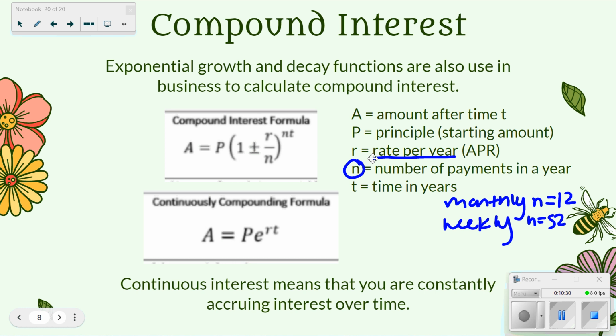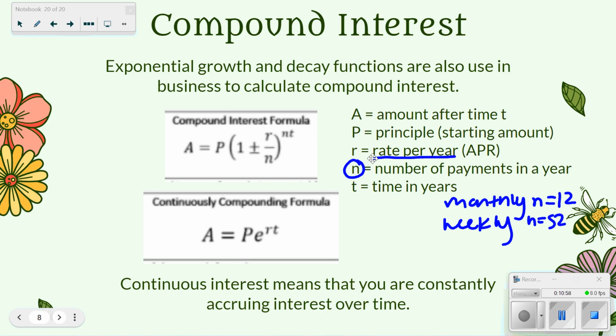Thinking about my bank statement, it's probably monthly, because I get a new bank statement every month saying this is the interest your savings account has accrued over this month. So I would say it's happening monthly. And T is your time, always in years.